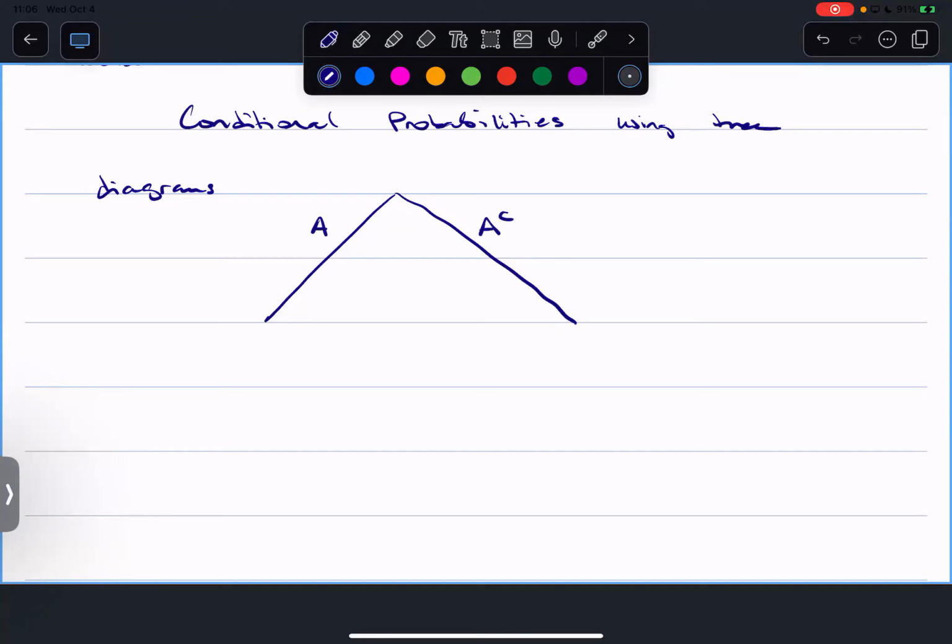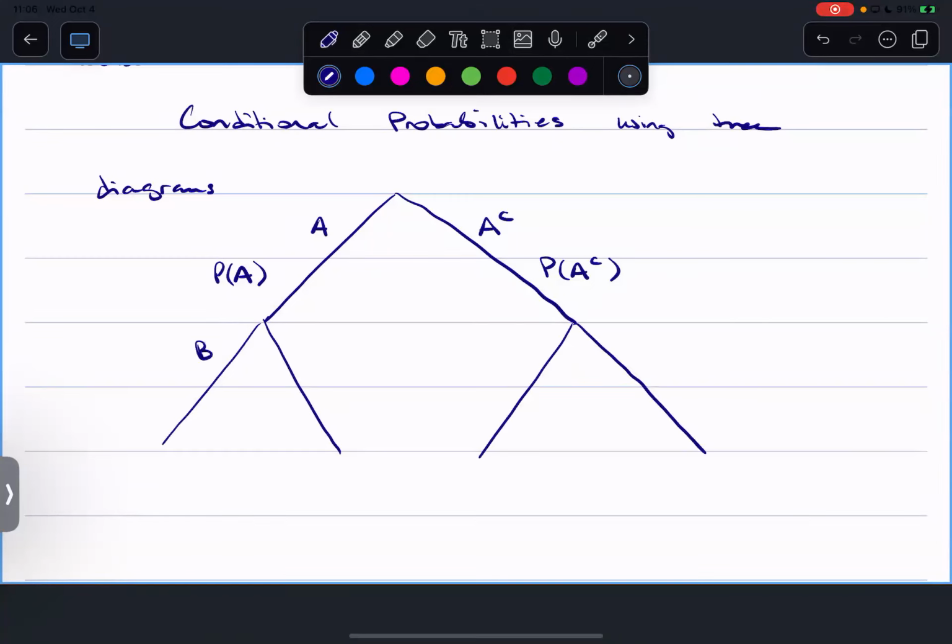Those branches happen with some probability, P of A or P of not A, or the complement of A. So I have my first set of events have to happen, and then I can decide the second set of events, which would be some event B, being super generic and vague here, but this is the general layout.